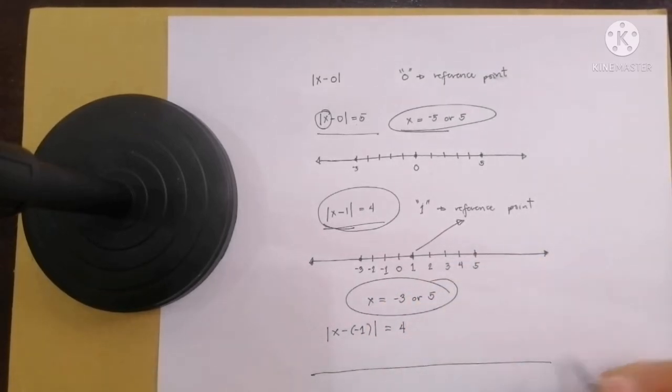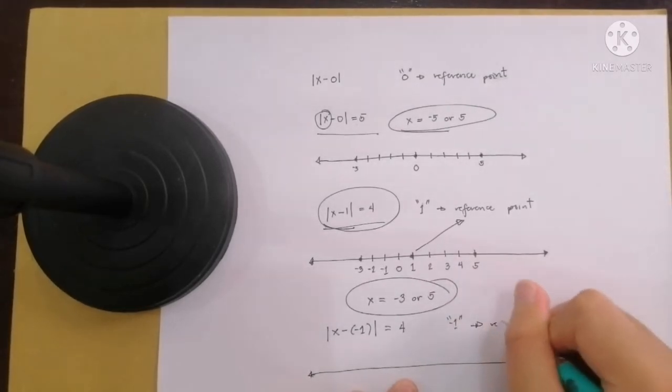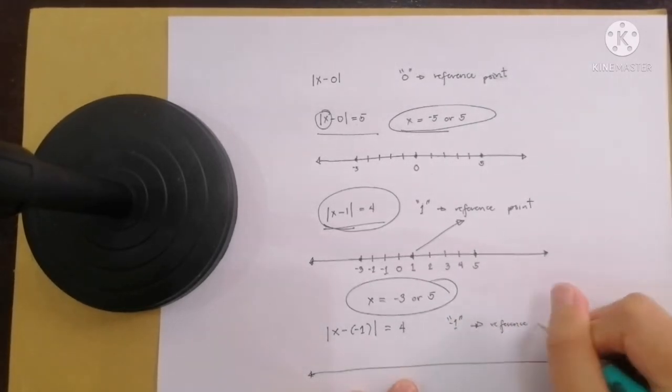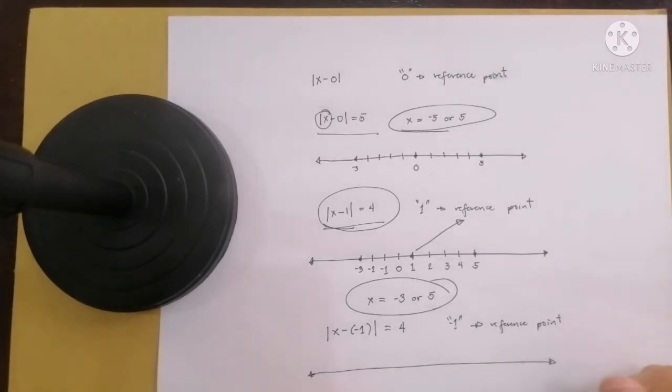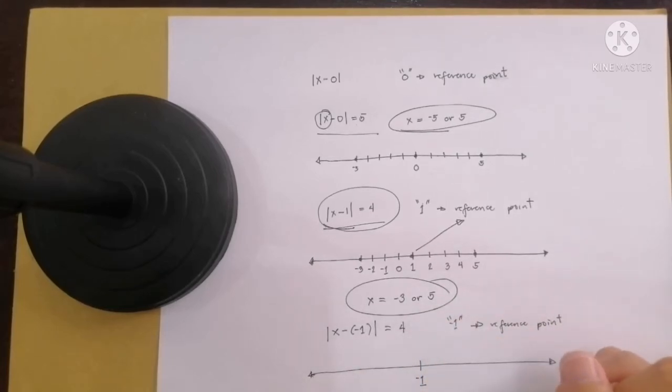If we're going to write that one in a number line, so negative 1 here is our reference point. Therefore, locate tayo dito ng negative 1 kahit saan dito, no? So we have your negative 1. Now, 4 units away from negative 1 to the left and to the right.